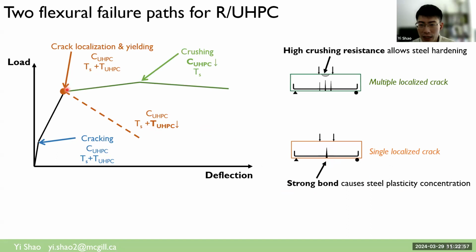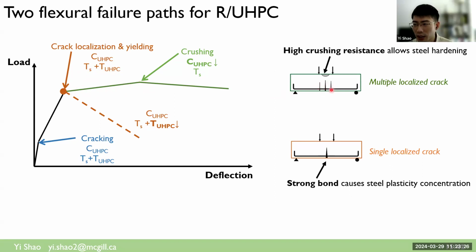On the other hand, if we have a lot of steel rebar or the steel rebar is strong enough to compensate for the fiber bridging loss, although we may only have steel rebar tension force at the end, it's larger than the steel rebar yielding force plus the UHPC tension force at the crack localization point. We can have higher load capacity, and because the flexural stress increased after cracks localized in the weakest plane, we can form multiple localized cracks.